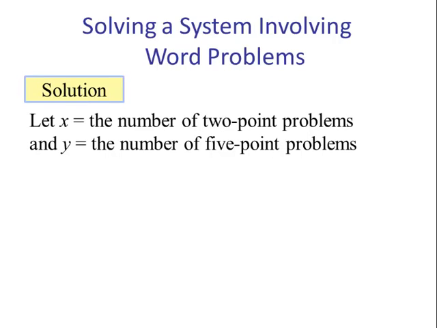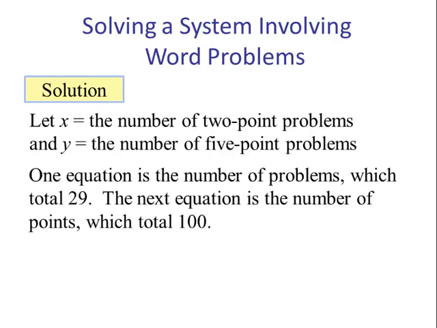So x is the number of 2-point problems, y is the number of 5-point problems. Our next step is to write our equations involving x and y. The first equation is the number of problems, which is a total of 29. The second equation is the number of points, which total 100.